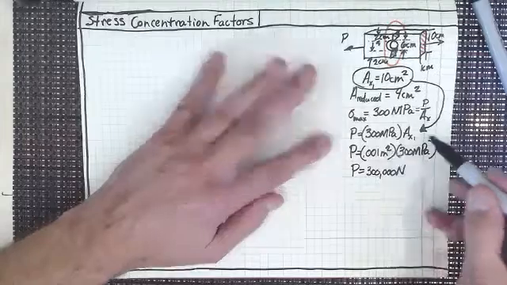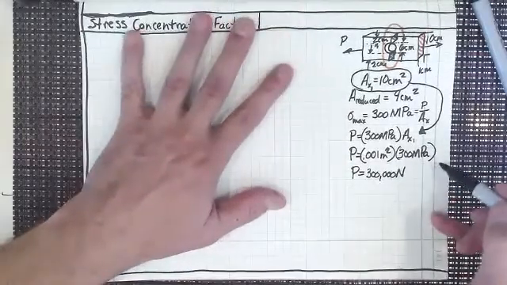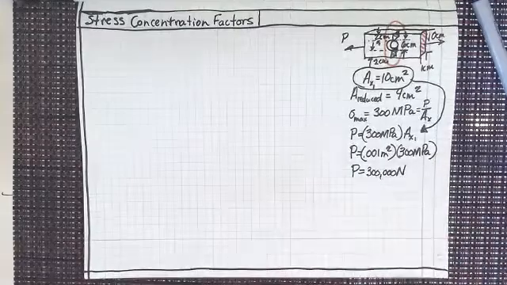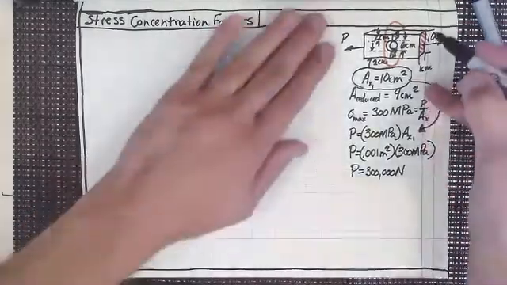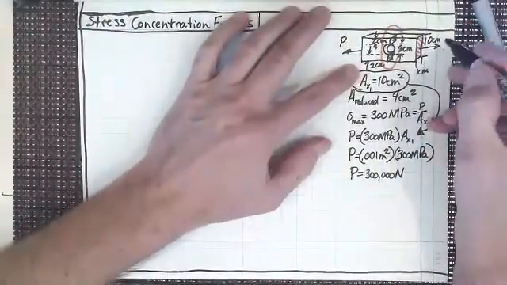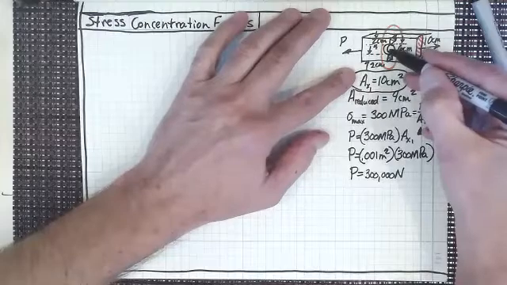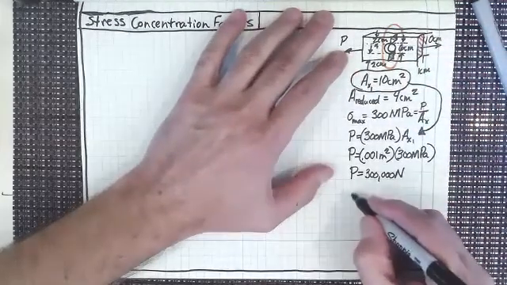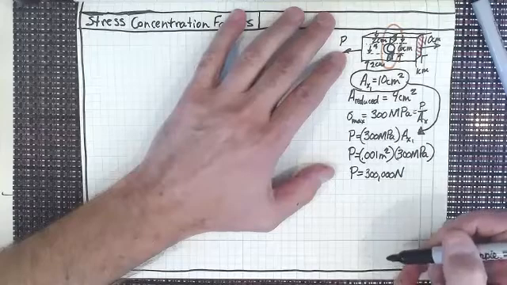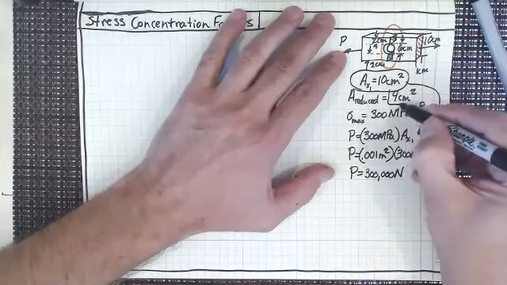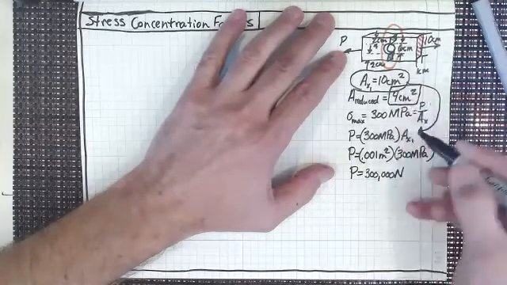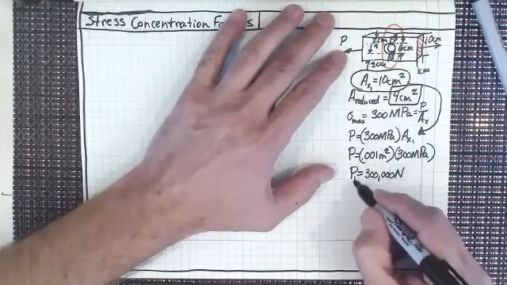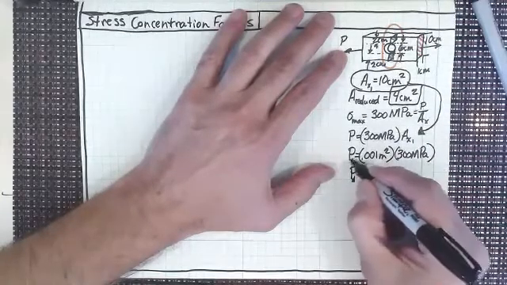Megapascals, pascals times meters squared, that'd be kilogram meters per second squared, so that would be newtons. So 300,000 newtons is what I would be able to pull on here if I just had that cross section. I didn't have the hole in there. But how about when I do have the hole in there, right? Because then it's not going to be 10, it's going to be 4 square centimeters. So now that would be P1 or PX1.